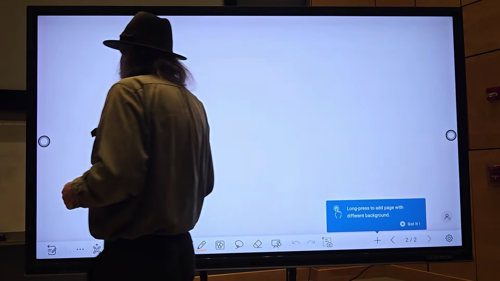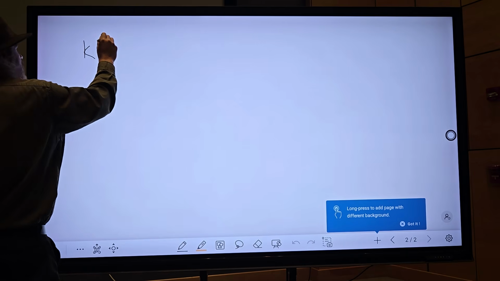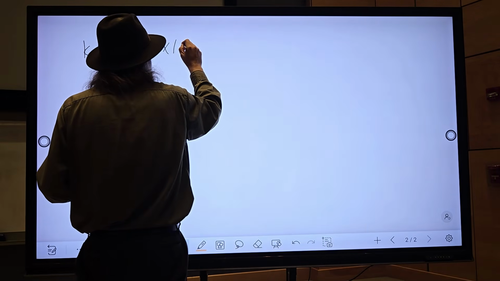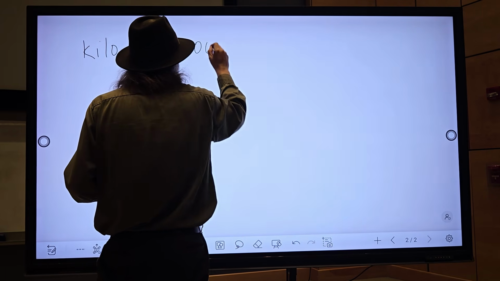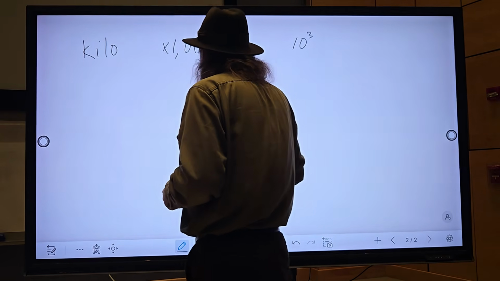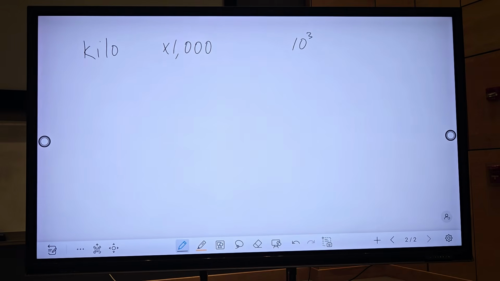For the larger scale, the kilo is times 1,000, or 10 to the third. There are prefixes for tens and hundreds. I've just never seen them used in a practical application.